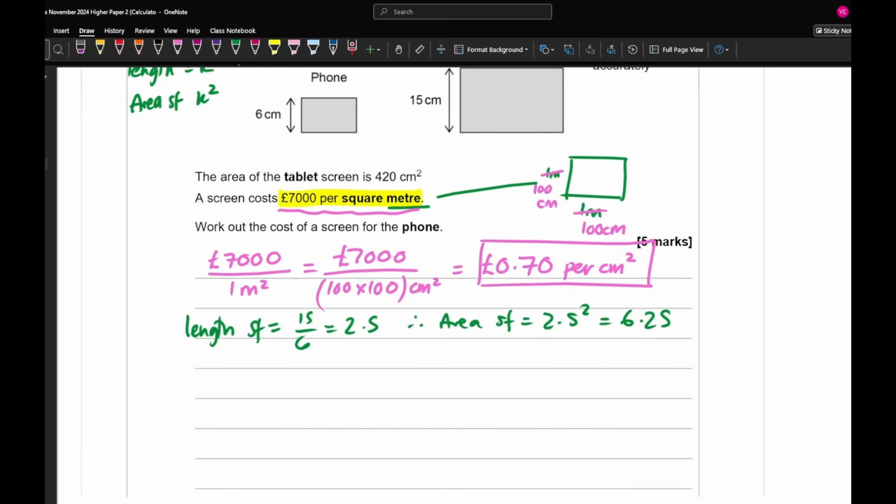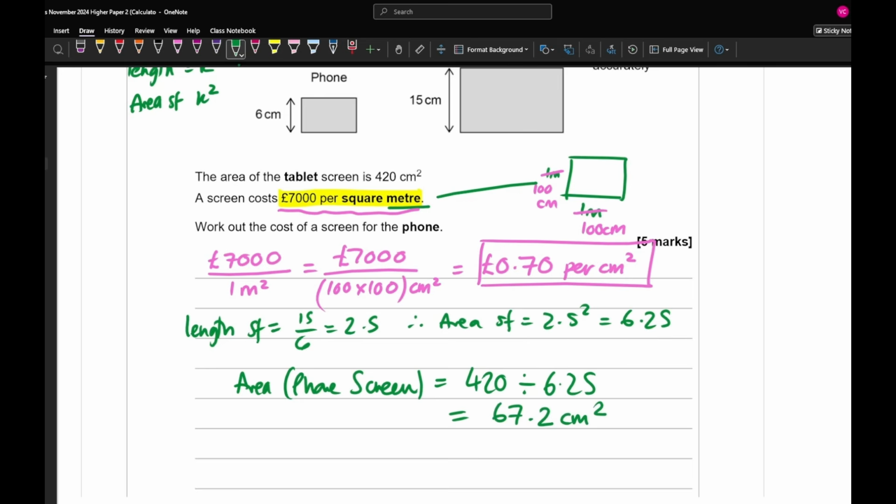Then to work out the area of the screen for the phone, so the area of the phone screen is going to be 420 divided by the area scale factor, which is 6.25, and that gives me an answer of 67.2, and that's in square centimeters.